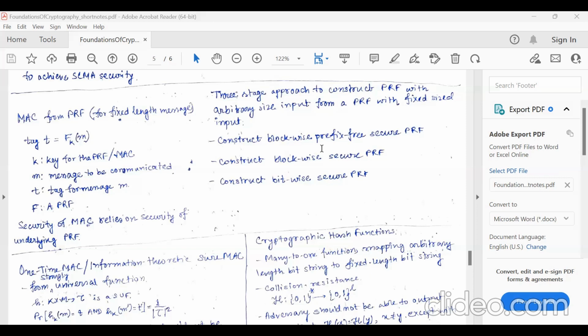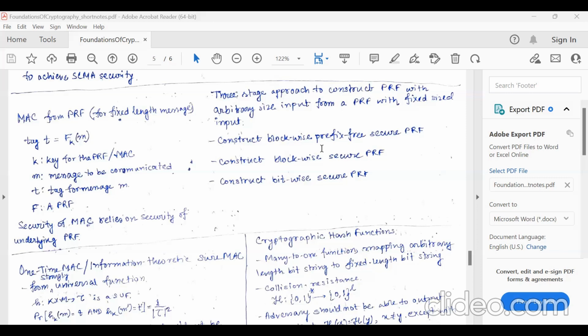So the first construction, the blockwise prefix-free secure PRF, is applicable only in the case of a prefix-free adversary, and from that we proceed to construct a blockwise secure PRF, where the restriction on the adversary of being prefix-free is not there anymore.